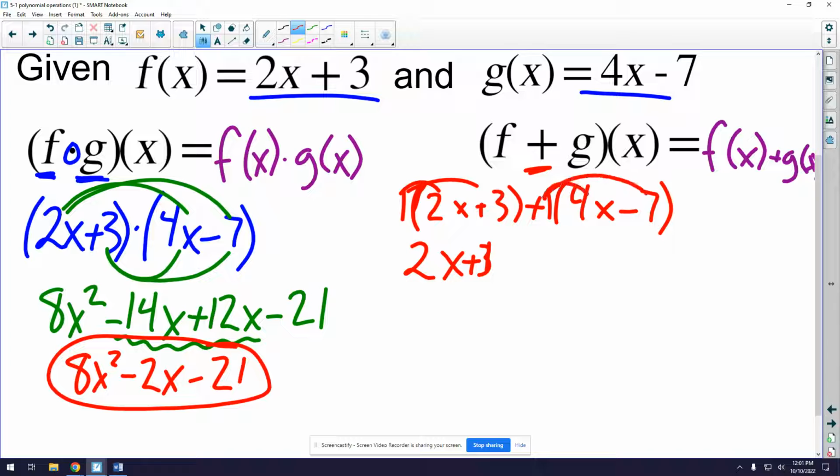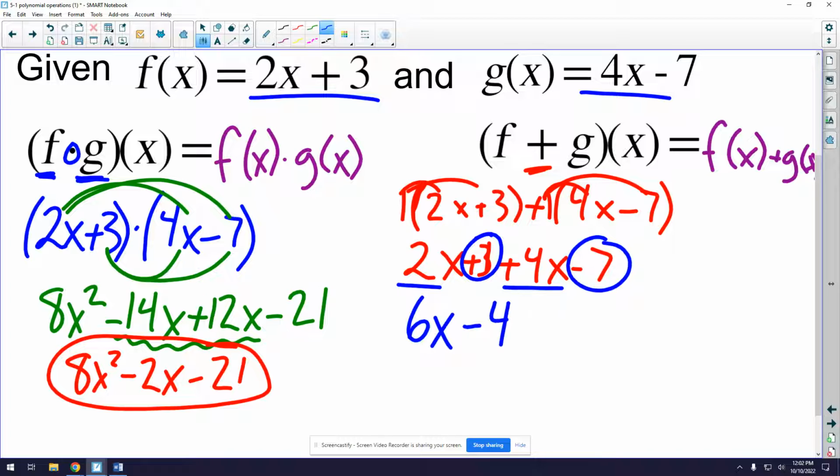Same thing here, I'm going to distribute that and it's not going to change anything. So with addition of two polynomials, you essentially just drop your parentheses and you now combine like terms. 2x plus 4x is 6x. 3 minus 7 is minus 4. So multiplication, you FOIL. Addition, just combine like terms.